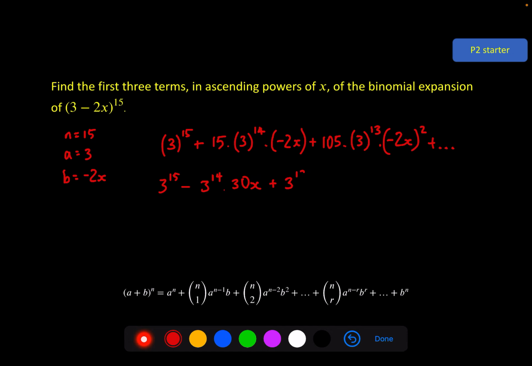So 3 to the power 13 times 420 x squared. So even if you leave some of it in index form, maybe do as much simplifying as is reasonable. And then of course, plus dot dot dot. Although you can probably see from the pattern here, that plus will actually be a minus if we were to do the next term. So there are the first three terms in ascending powers of x for this expansion.